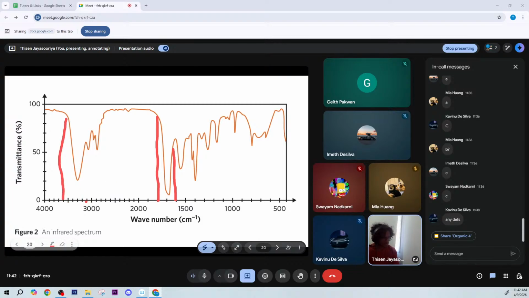By using these peaks, it can help us determine what's present. So if you look back at your data book, I want you to tell me what this peak over here could represent. What do you think? Looking at your data book.